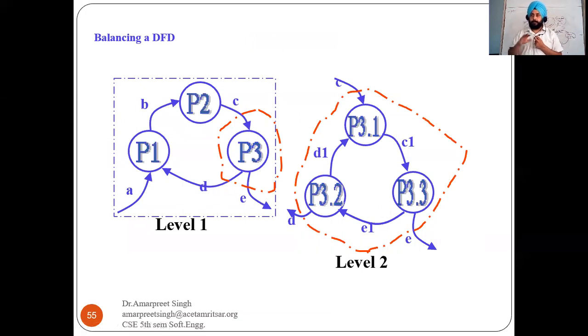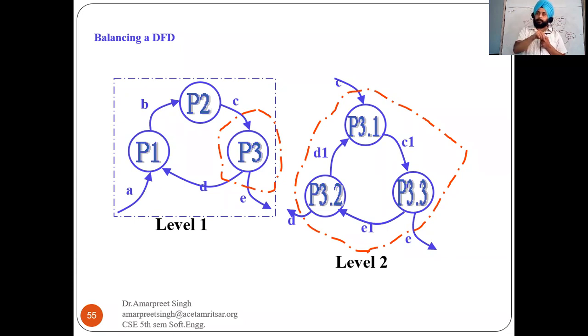Just see here, balancing P1, P2 and P3. We exploded P3. In the previous level, level 1, the input to P3 is C and the outputs of P3 are D and E. We have taken P3 and exploded it into P3.1, 3.2 and 3.3. Input C becomes the input at 3.1.